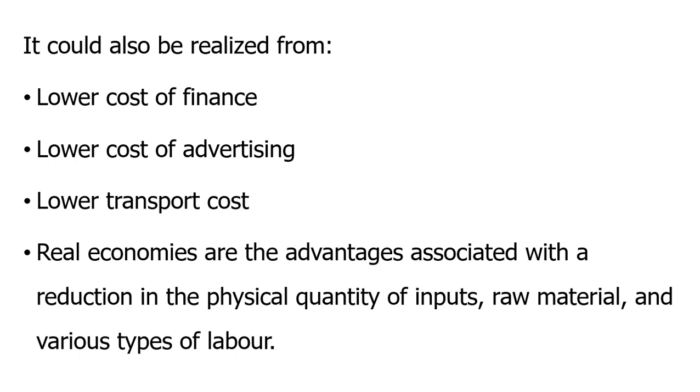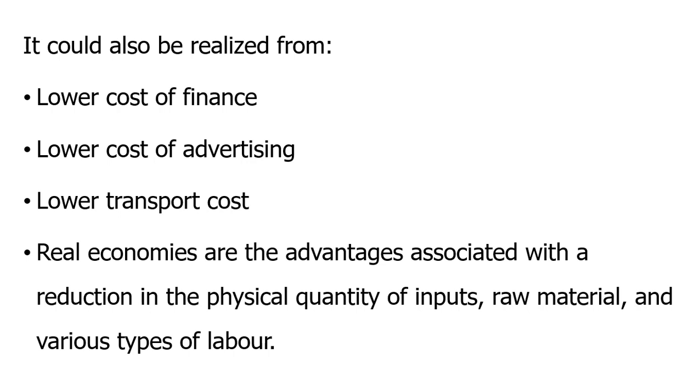Some of the sources of the internal economies of scale are lower cost of finance, lower cost of advertising, lower transport cost. These are all advantages that come with producing on a very large scale at a firm.